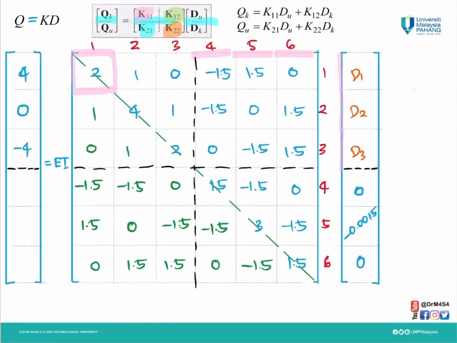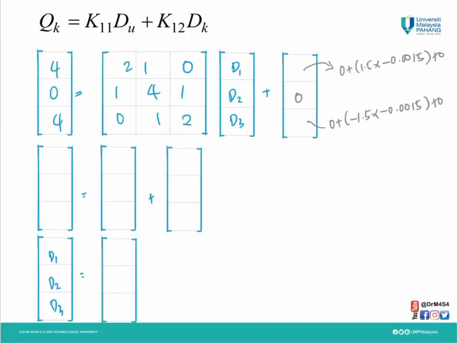For Q unknown, it is Q4, Q5, and Q6. Now we can find displacement by solving our Q equals KD here. So here is negative. We solve this, then we can get D1, D2, and D3.